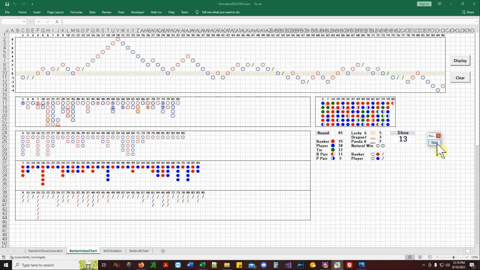Here's a failed hook to the downside. Failed hook to the downside. But look at these plays, resistance. Bang. Got back up here to this line again. Bang. Beautiful, beautiful play.